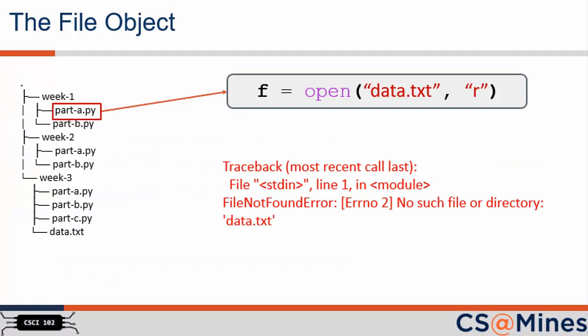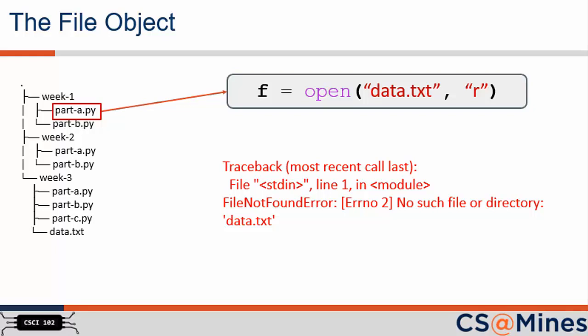The purpose of this slide is to show an issue that often happens with file I/O. In this example, we have a line of code that opens a file for reading in part-a.py of the week 1 directory. This slide illustrates an example of a file not found error.